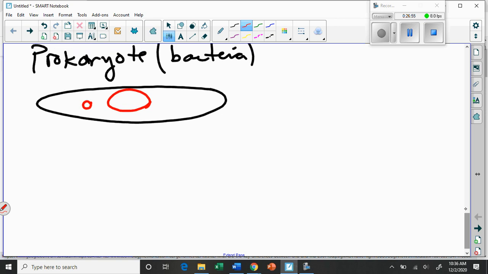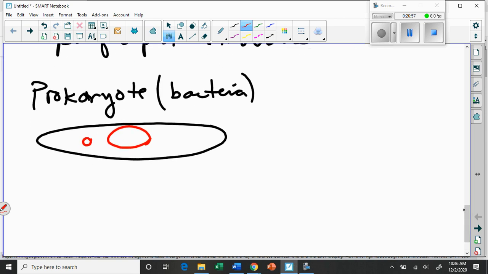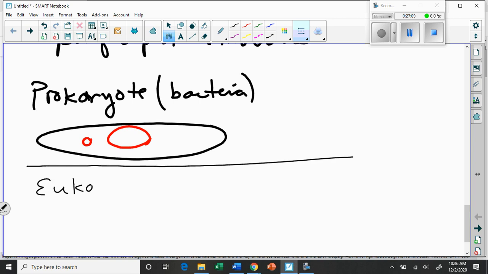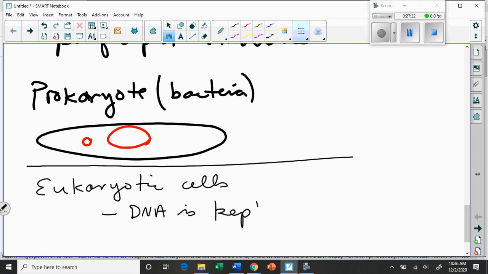Okay? Let me know if I'm going too fast here. So, well, no, let's go underneath because there's too much to write. So let's go underneath here and go to eukaryotic cell. In a eukaryotic cell, which is our kinds of cells, those are cells that have a nucleus, right? So obviously, the DNA is found in the nucleus or is kept in the nucleus.